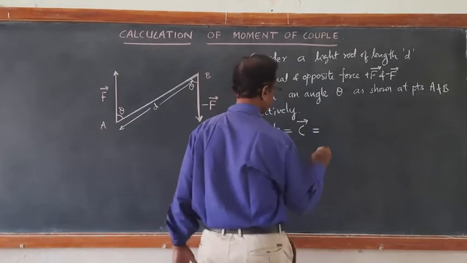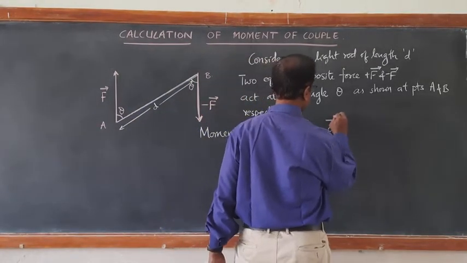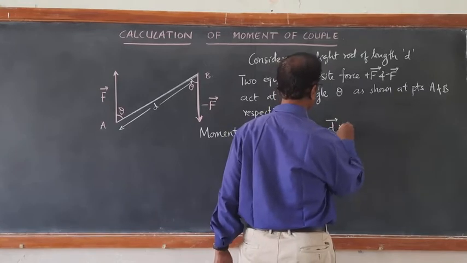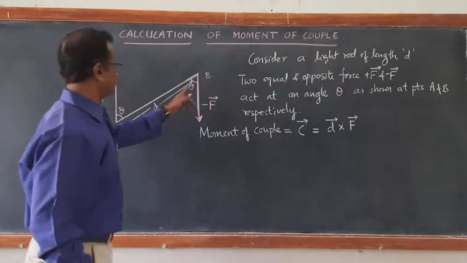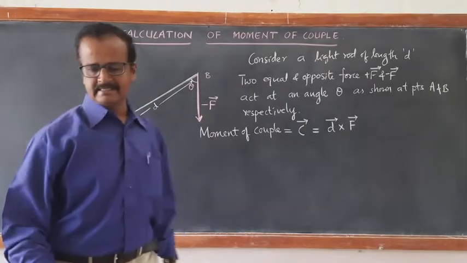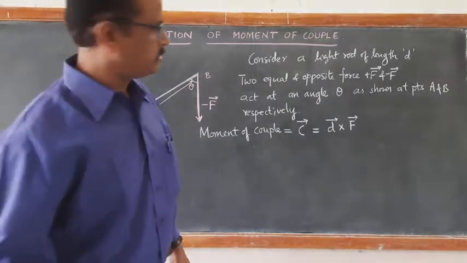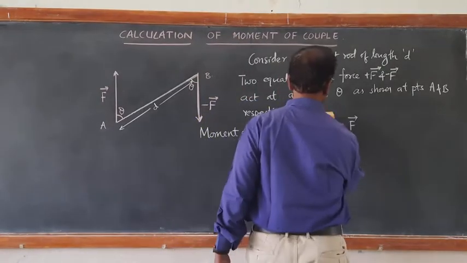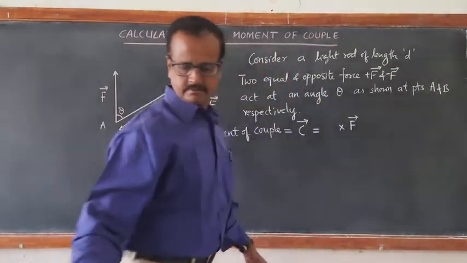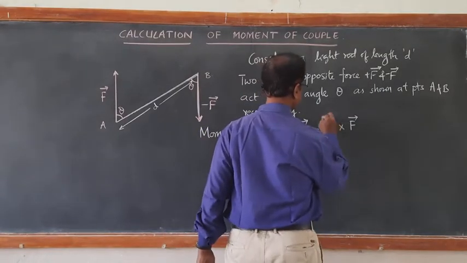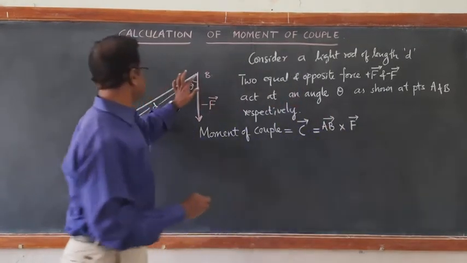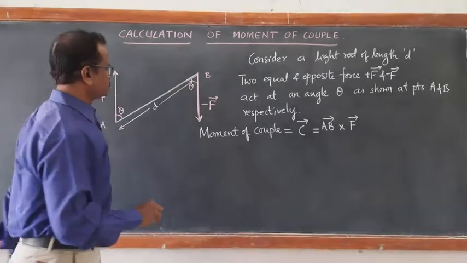By definition, it is the AB vector cross F vector. If you recall yesterday's equation, it is the AB vector cross F vector.